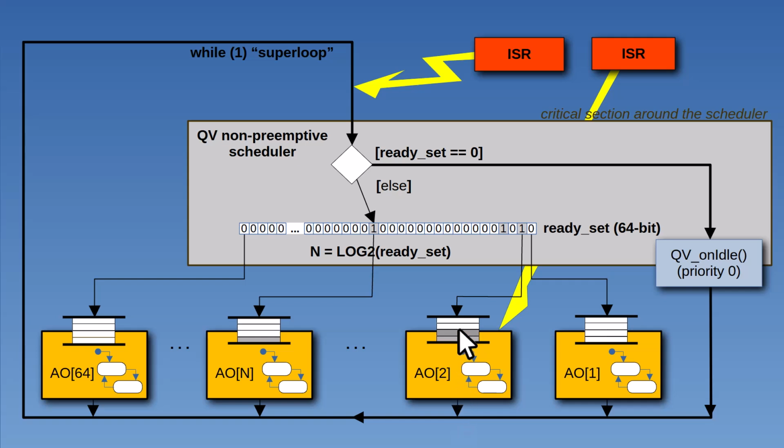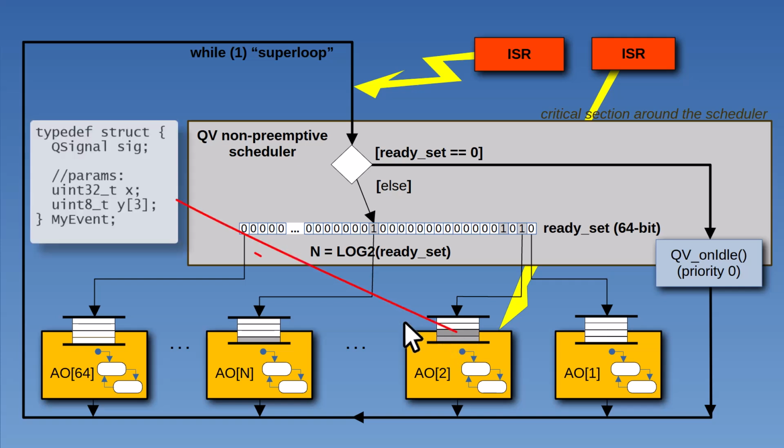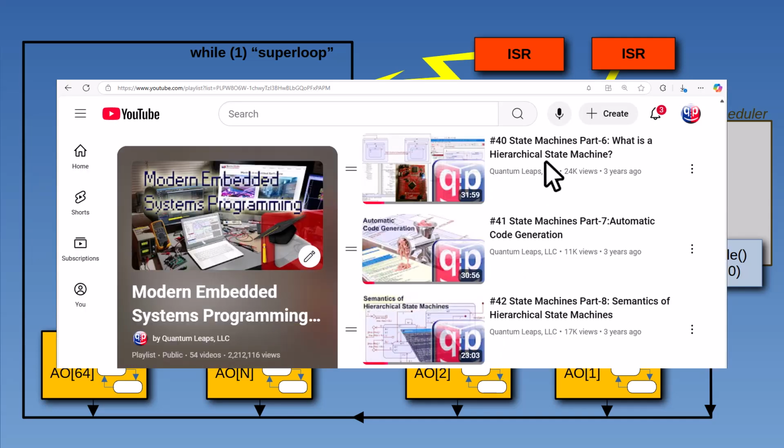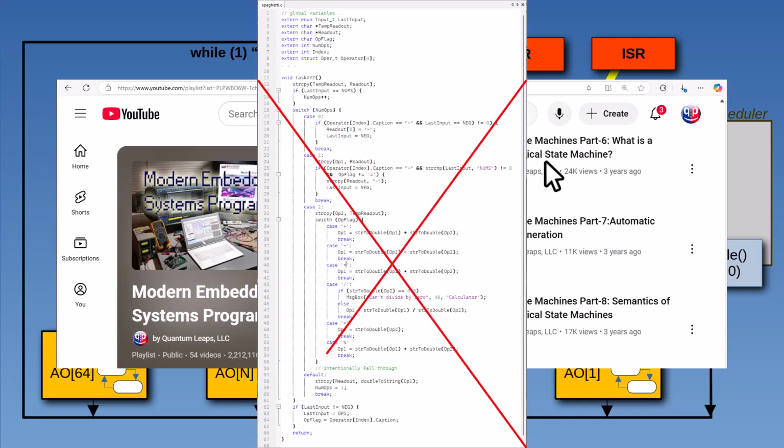The active object's event queue addresses the problem of losing events because the queue stores all events in the order they occurred. Using events instead of global variables also addresses the problem of associating data with specific events because events can carry event parameters. Finally, active objects in the QP frameworks have internal hierarchical state machines, the best-known spaghetti reducers.